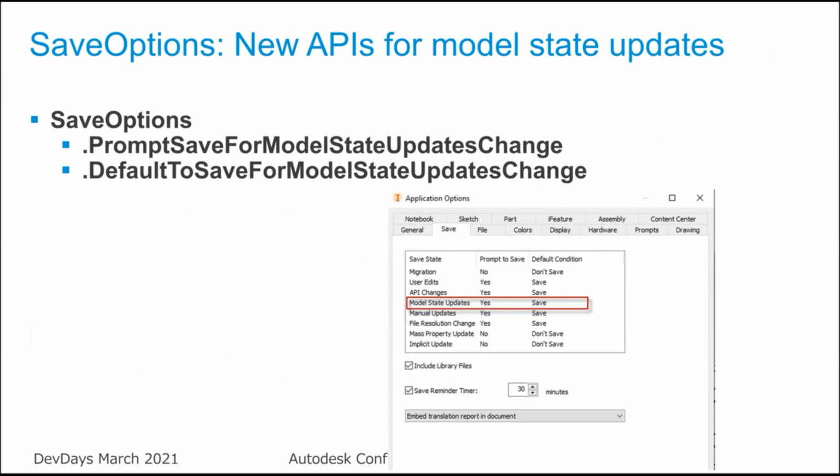In the application options object, 2 new APIs are exposed to support prompt to save and default conditions on updating model state. Using these 2 APIs, we can set whether to prompt to save yes or no, or the default condition to save or don't save.